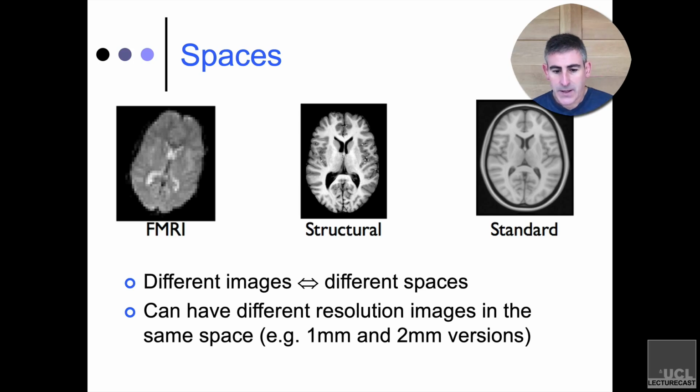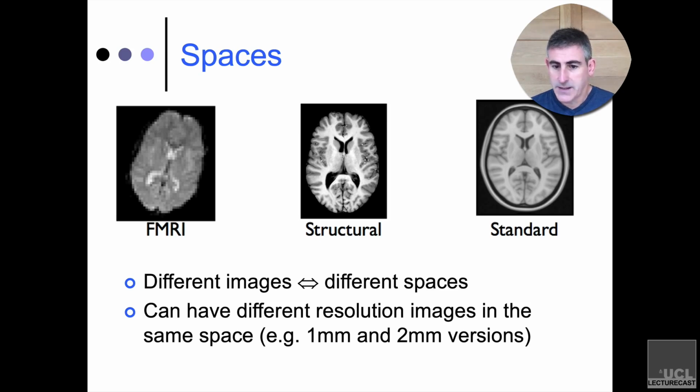Okay, so for our purposes, whenever we're doing normalization, there are essentially three spaces that are of interest to us. There's the functional space defined by the EPI data that we've collected. There's the structural space, which is the anatomy of that individual. And then there's the standard space, which in all cases is going to be the Montreal Neurological Institute 152 template in this class. There are other templates that you could use for different reasons.